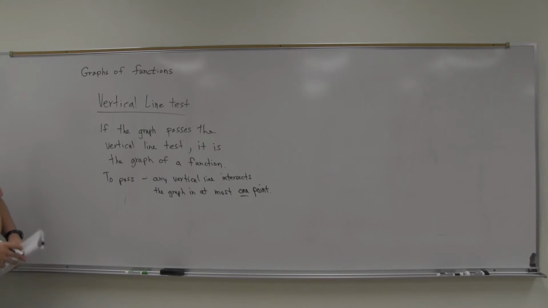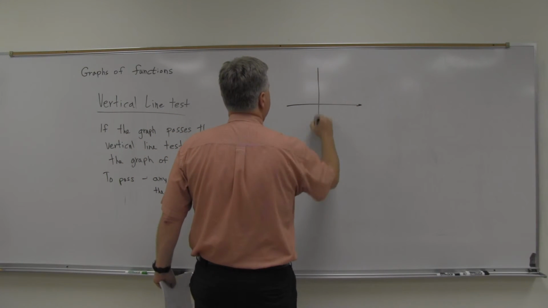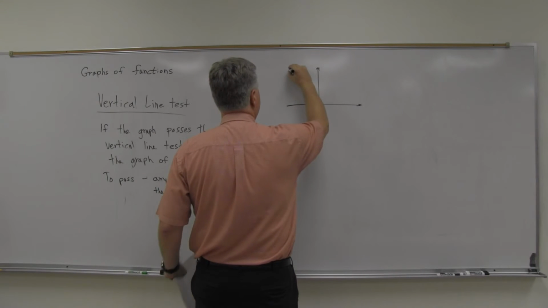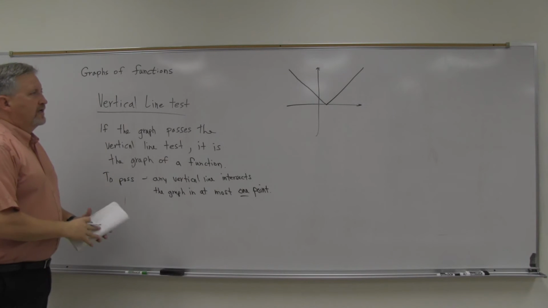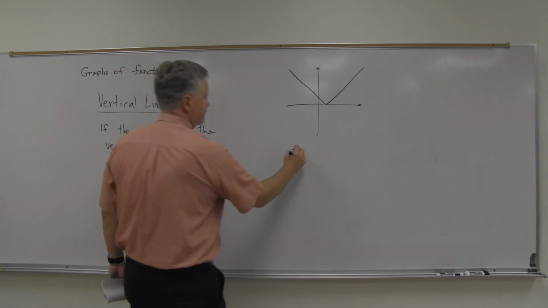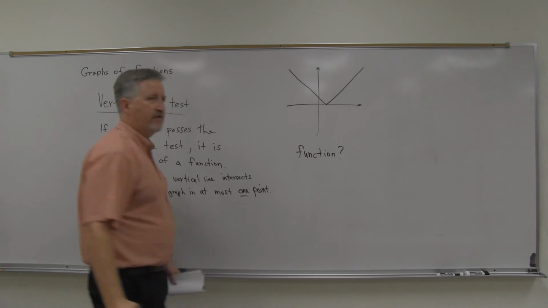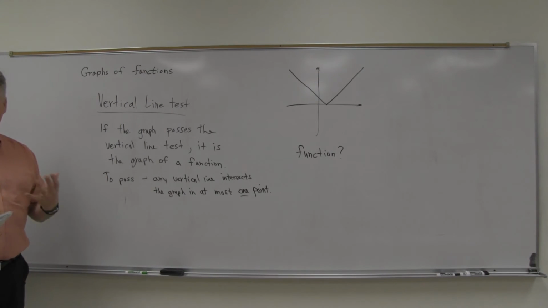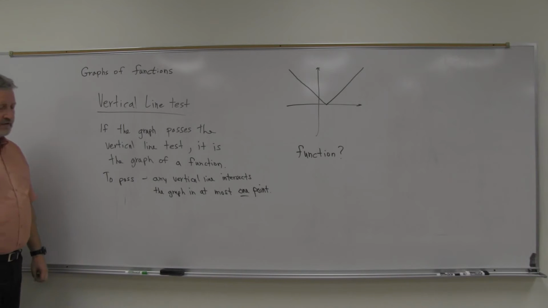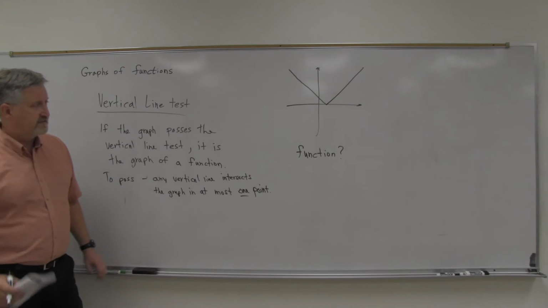So let's talk about a couple of examples here. Maybe some we haven't seen yet, or maybe we have seen them, but we didn't talk about them in function form. So we've got this graph. We don't know the equation, so we can't use what we were talking about earlier on the definition.